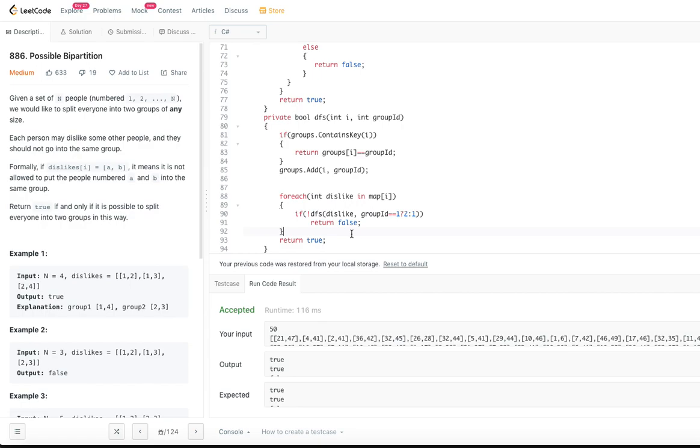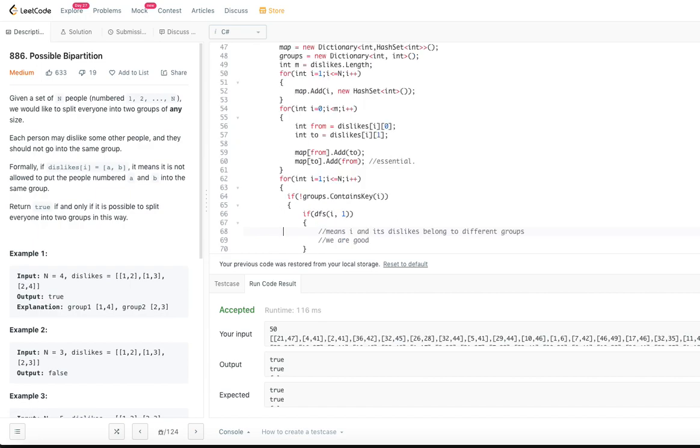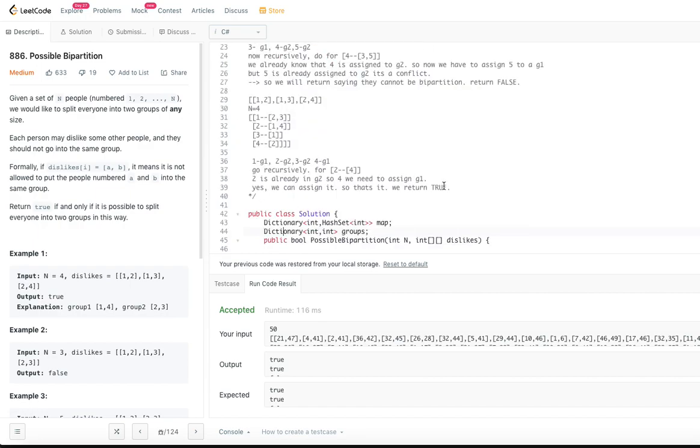So let's go ahead and look at the time complexity and space complexity for this particular problem. Let me write time and space. So we are saying there are n people and m dislikes, right?